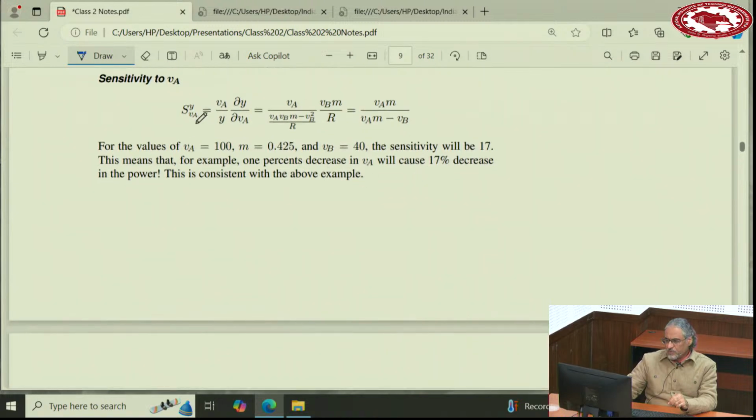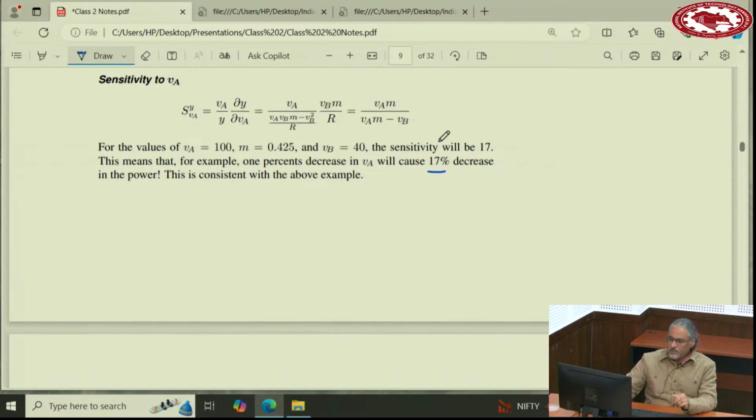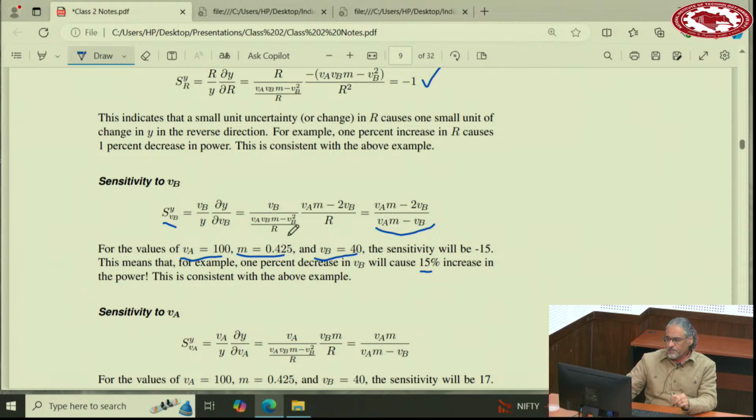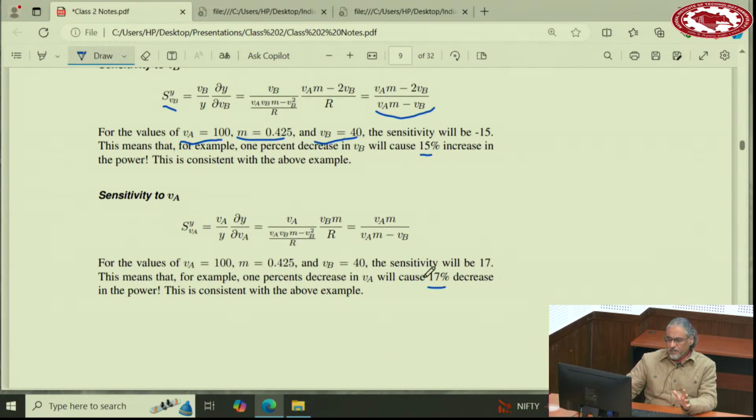And with respect to VA, if you evaluate it, it will be 17. So that means if your voltage VB changes 1%, your power will change 15%. Or here, if your VA changes 1%, your power will change 17%.